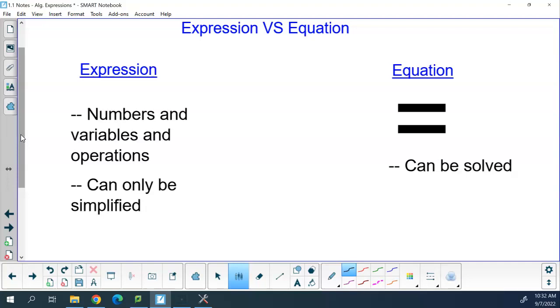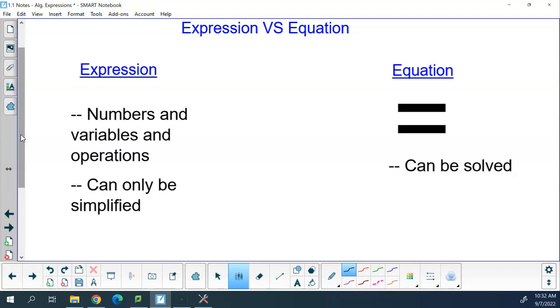If it's an expression, I can't solve it. I just have a bunch of numbers and variables and operations and all that fun stuff, and all I can do is manipulate those down to their simplified form. All you can do with an expression is simplify. Okay? That's it.